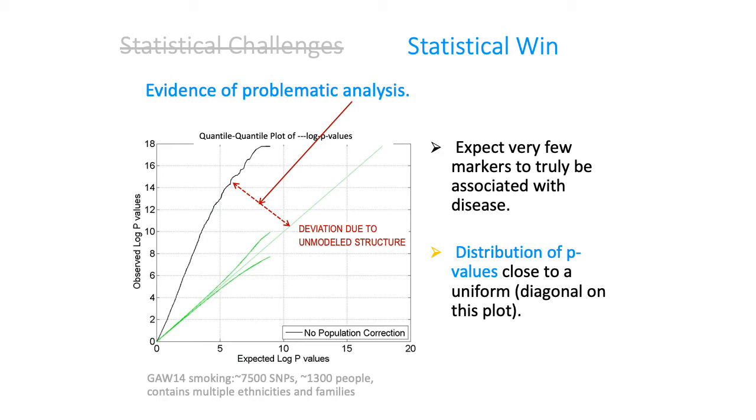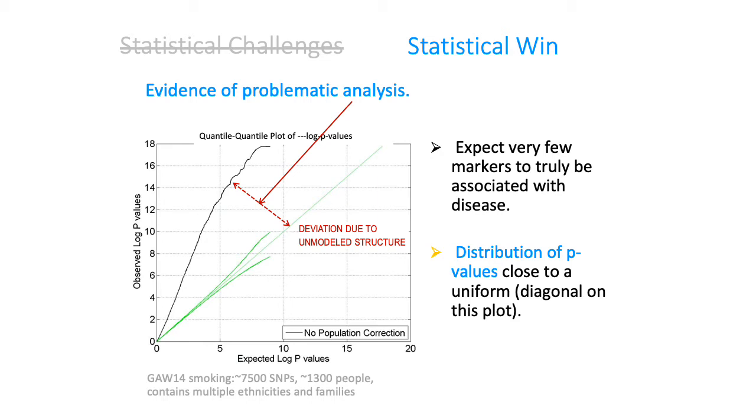The idea is the same: your QQ plot should look close to the diagonal. I just want to point out that the X and Y axis are transformations of the p-value. Lines that are close to the diagonal suggest that there's not a lot of signal in your genome-wide association study, which is generally perceived to be a good thing overall.